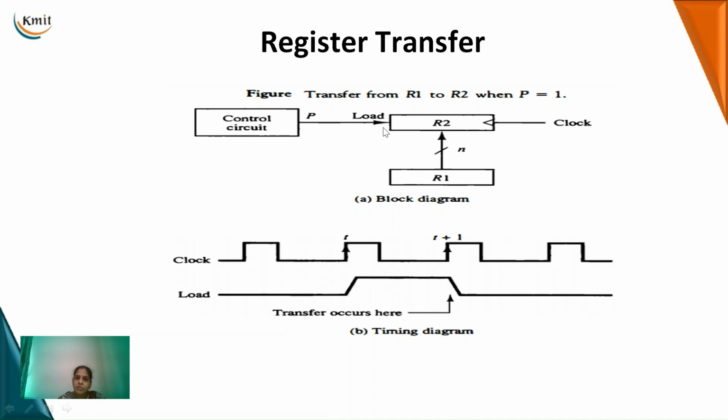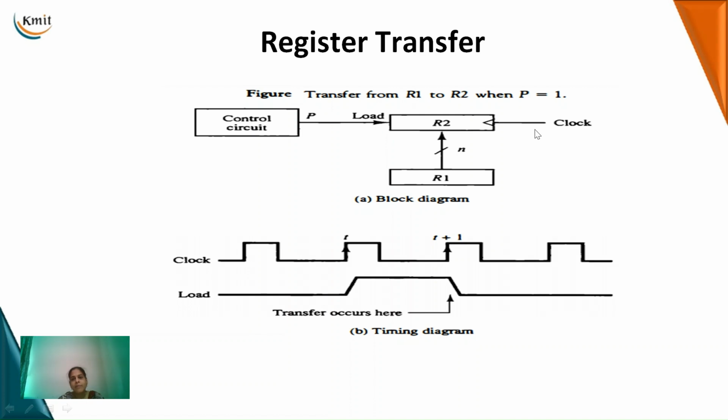Whenever the load input is active, the clock pulse or the timing signal will be applied, and the contents of the R1 register will be transferred to the R2 register. So the transfer occurs from R1 to R2 only if the control function is satisfied and when the load input is active.